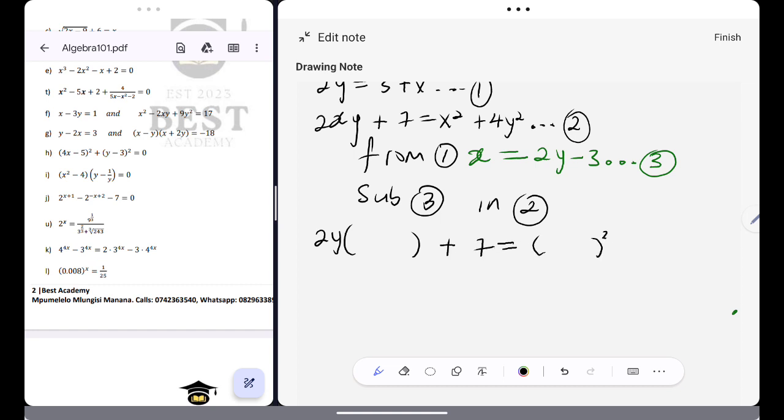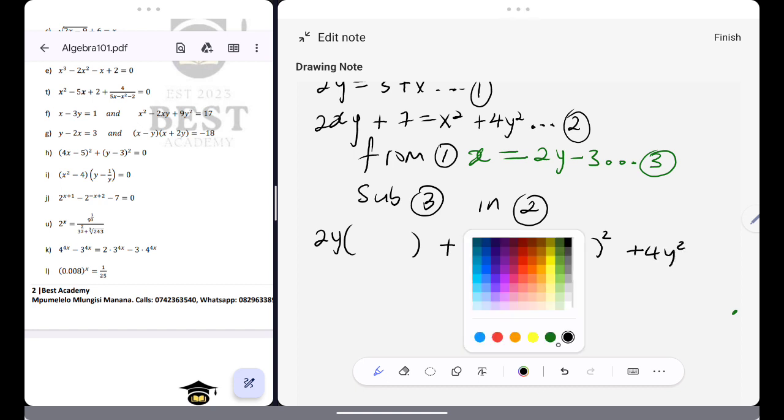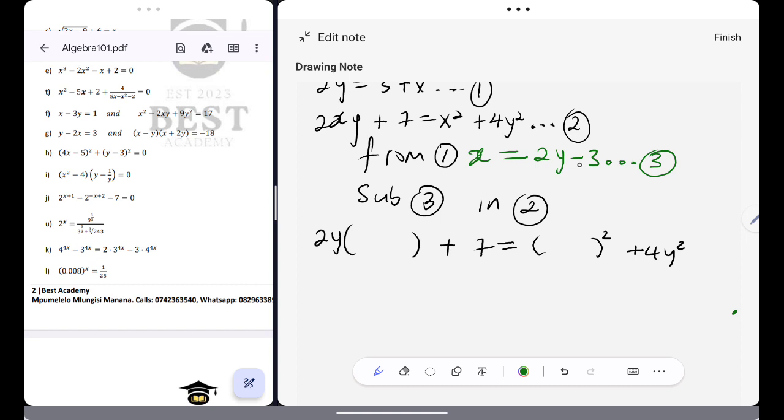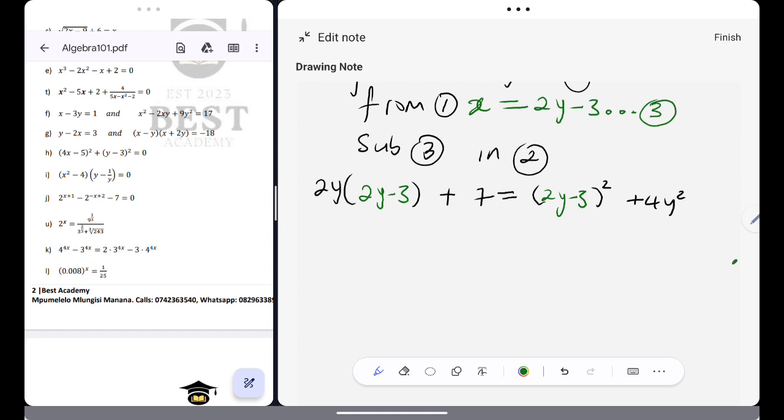Also have an x, which is squared, plus 4y squared. Whenever I see x, I put 2y minus 3. So I'll say 2y minus 3. Are we together?